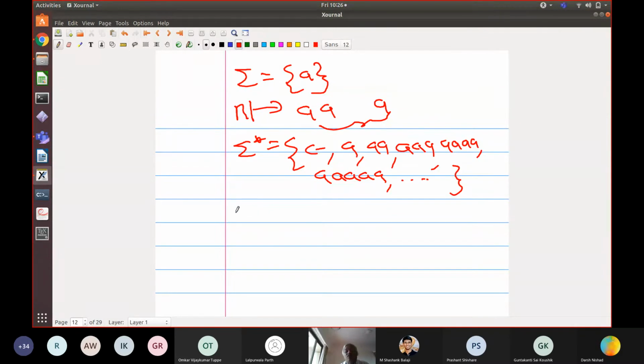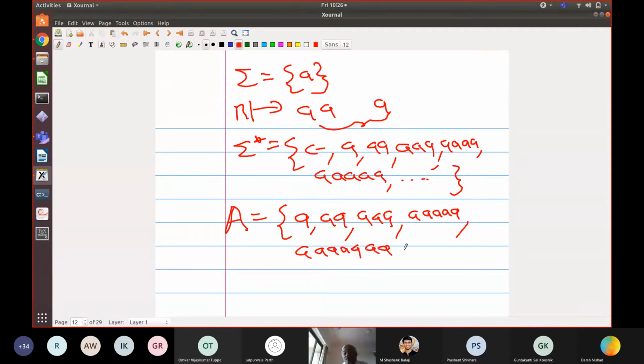We want to define a language A where the strings represent prime numbers only. Zero, of course, we don't consider. One is a prime if you want to include that; there is debate as to whether 1 is a prime or not. 2 is a prime, 3 is a prime, so 3 a's will be a prime. 4 is not a prime, so you will omit this string from your list. 5 is a prime, so you will put 5, then 7 is a prime, so you will have 7 a's, and so on.